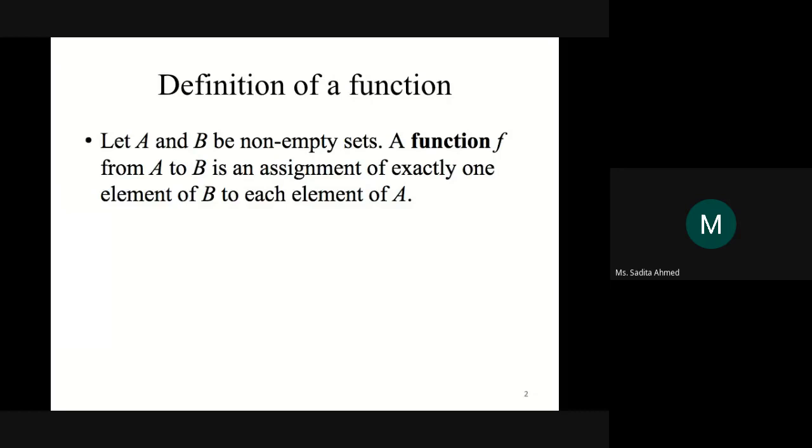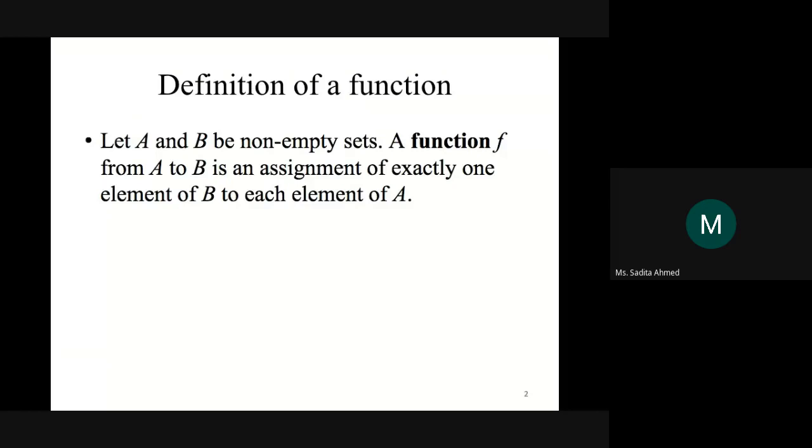Two non-empty sets, A and B. We say that a function maps the set A to the set B with an assignment of exactly one element of B to each element of A. That is, the mapping should be such that each and every element of the set on the left-hand side must be mapped to exactly one element from the right-hand side.